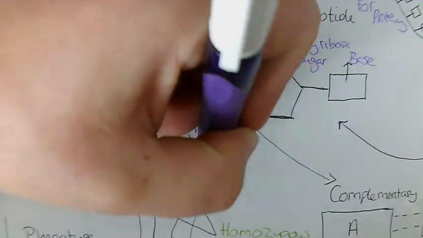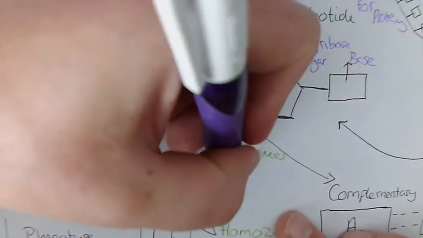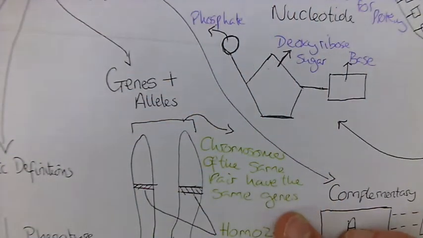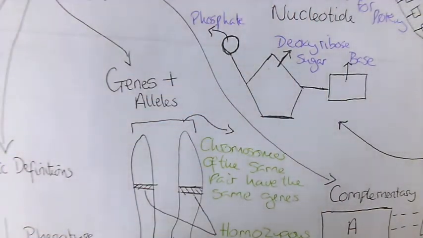So chromosomes of the same pair have the same genes. What that might mean is chromosome 3, the pair for 3 may code for eye colour and hair colour.